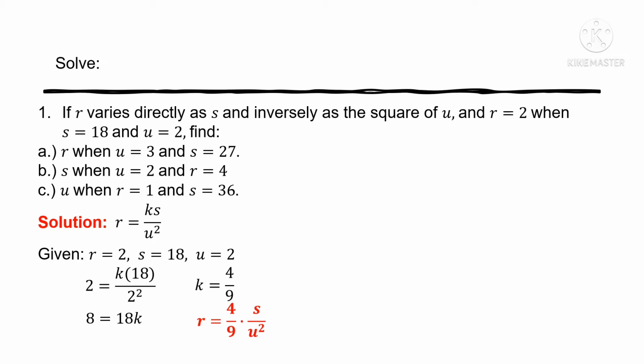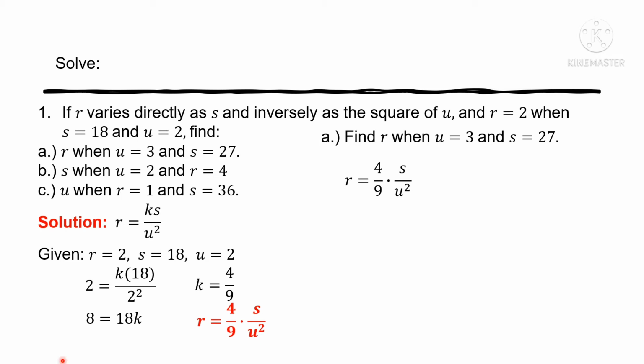Okay? So, we can now solve for letter A. So, ang letter A, find R when U equals 3 and S equals 27. To find R, sasubstitute lang natin itong value ni U at saka S dito sa ating formula.